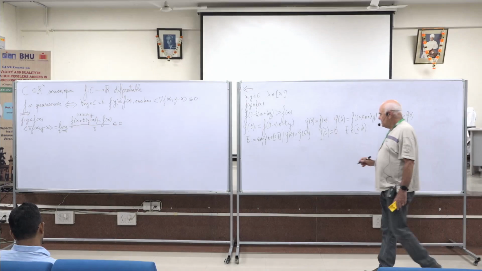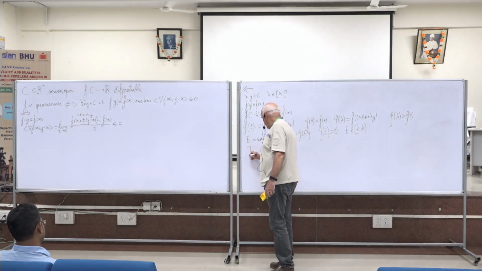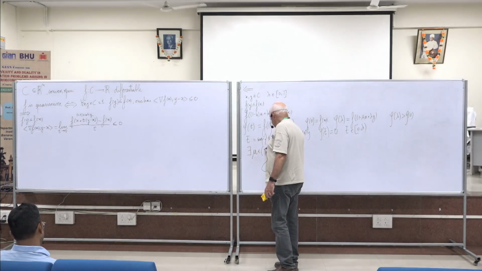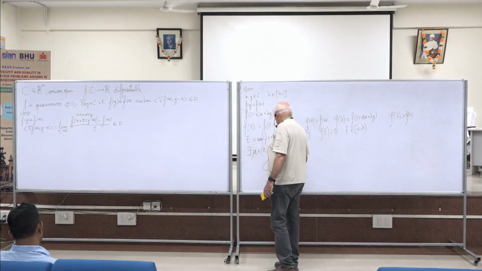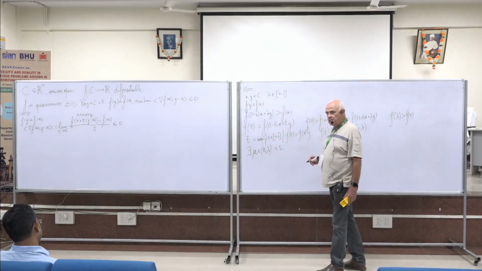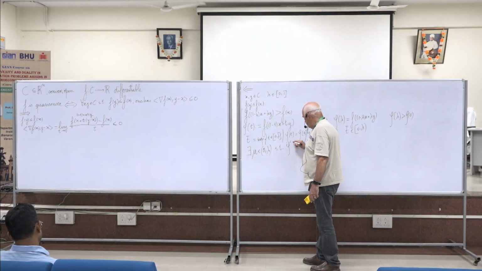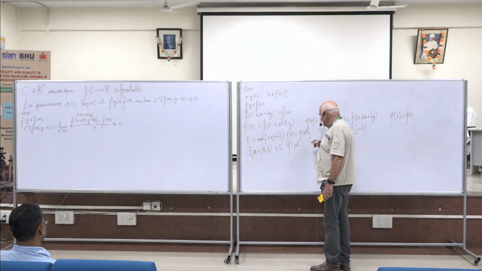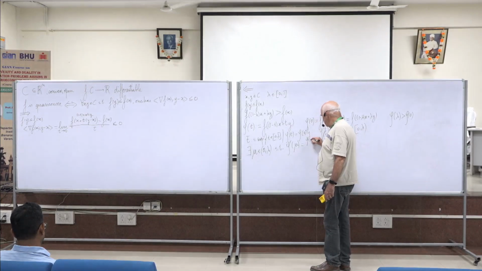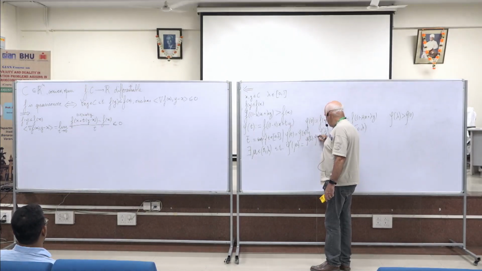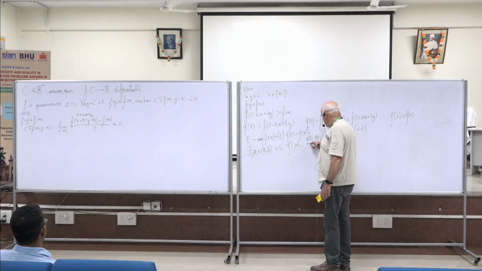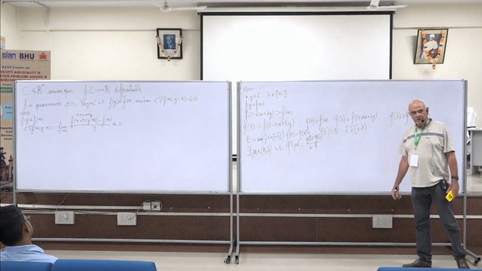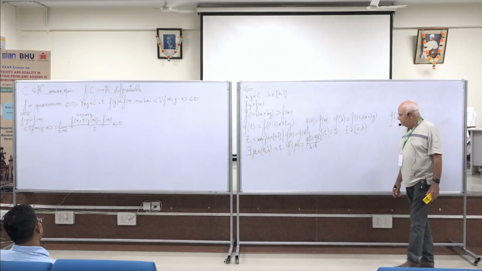Then I get the existence of mu strictly between 0 and lambda, such that phi prime of mu is equal to phi of lambda minus phi of t bar divided by lambda minus t bar. Okay? This is simply the mean value theorem.